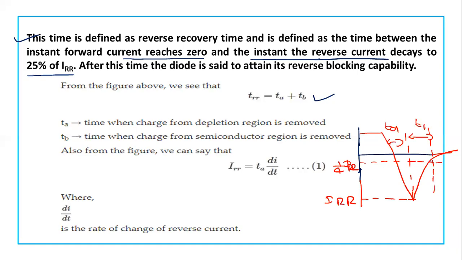So IRR can be written as TA into di by dt. The current is changing, right? So IRR is equal to TA into di by dt, where di by dt is the rate of change of reverse current. That is equation number 1.